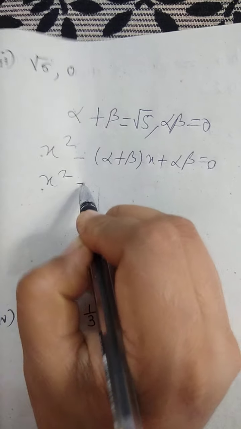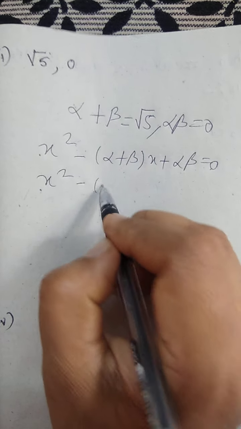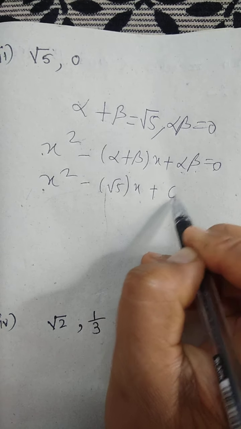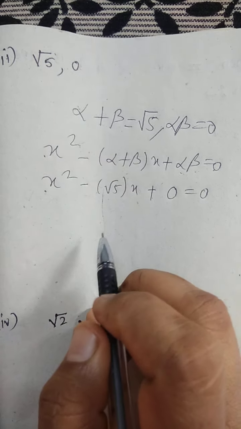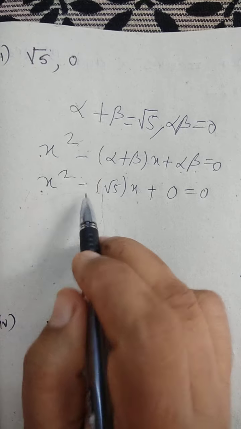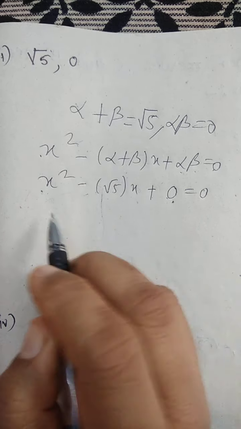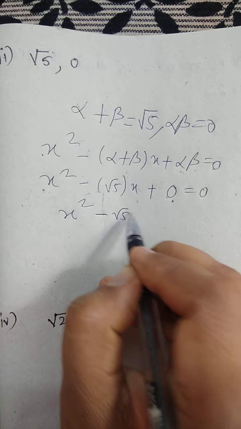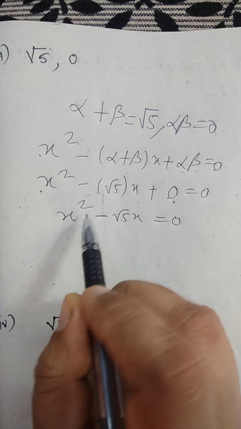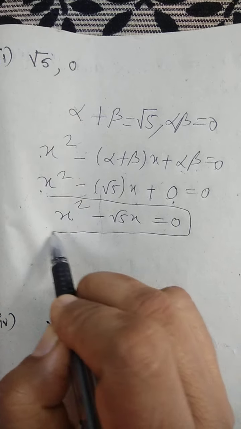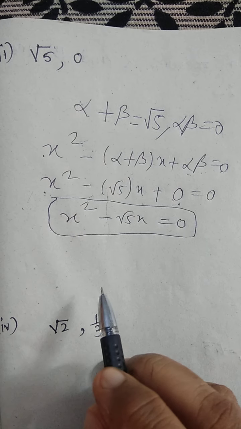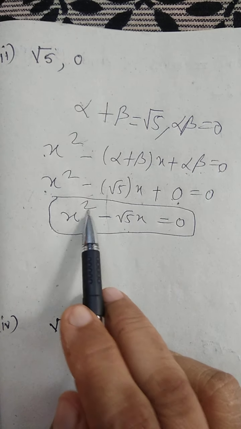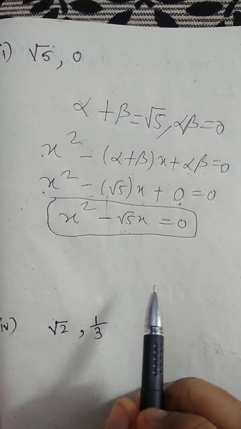X square minus alpha plus beta, which is root 5, x plus alpha beta, which is 0, equal to 0. So in this polynomial we observe that the constant term is missing. So it is x square minus root 5 x equal to 0. In this quadratic polynomial, constant term is missing. It is having only two terms here, but degree is 2. That's why it is a quadratic polynomial.